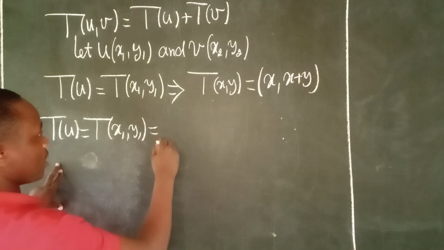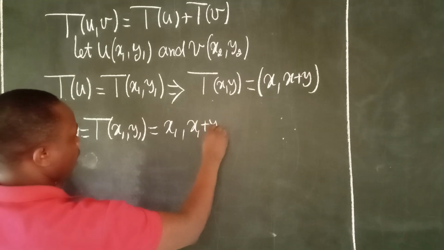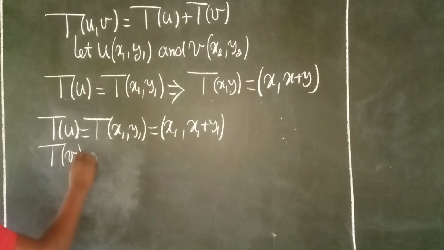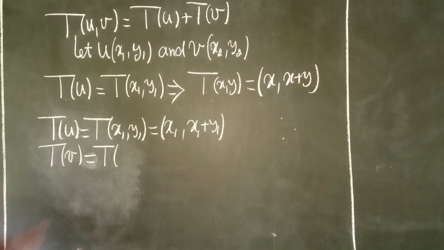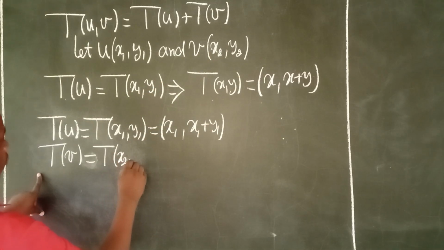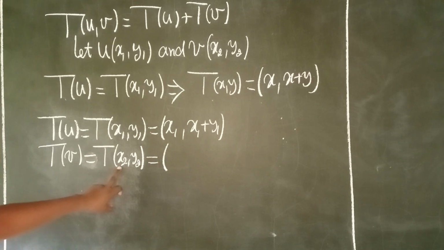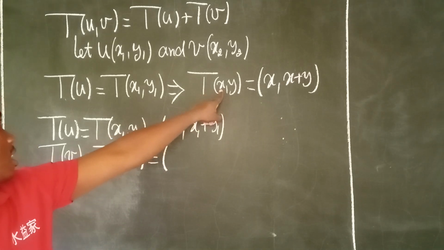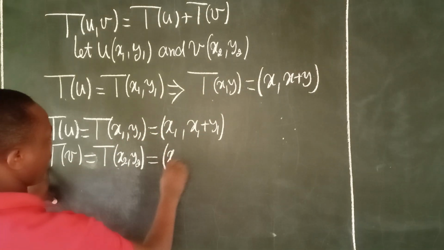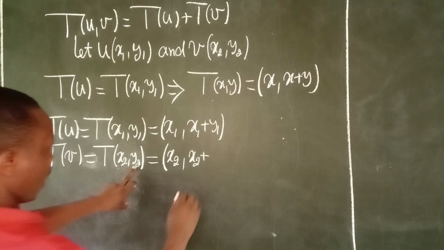This is the same as (x1, x1 + y1). T(v) is equal to T(x2, y2), a vector of coordinates x2, y2. Here x2 will replace x in our transformation, giving (x2, x2 + y2).